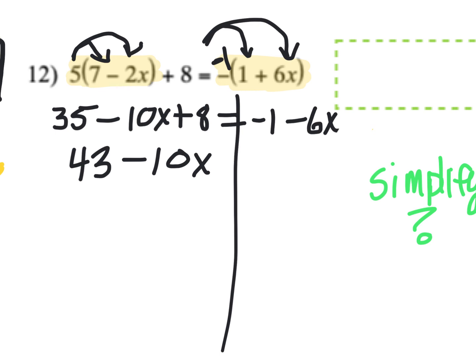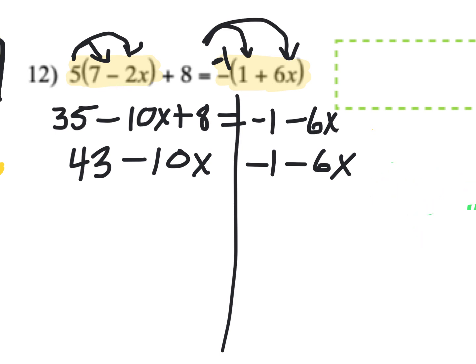Over here on the right-hand side, 1 and 6x are not like terms, so I can't put those together. So I'm just going to bring them down. So I'm done with all the simplifying I can do because I don't have any more like terms on the same side of the equal sign.